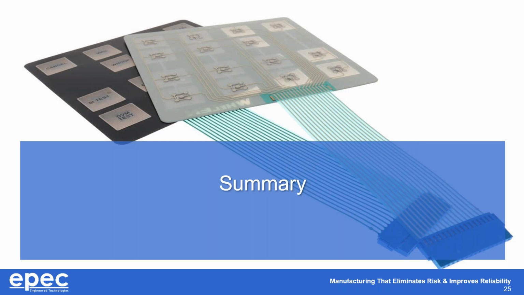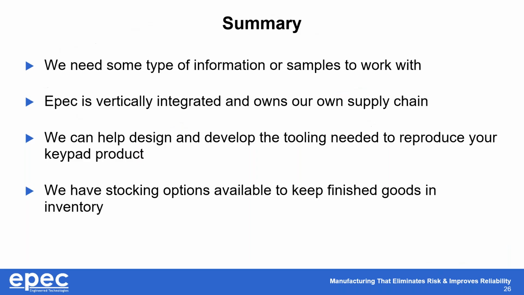I'm going to wrap things up with our summary here. Again, EPIC has a tremendous amount of capabilities, resources, and technical expertise. However, we need some type of information or samples to work with. We're a vertically integrated, privately owned company, and we literally own our own supply chain.